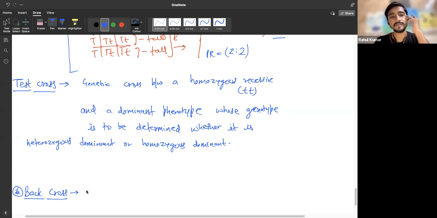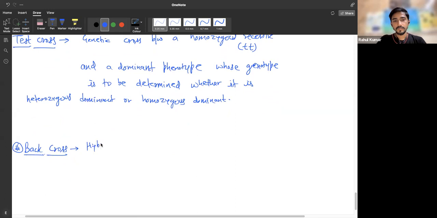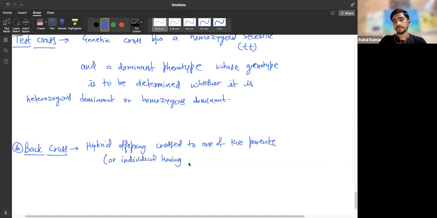So you can write down. A hybrid offspring crossed to one of the parents or an individual having the same genetic makeup.